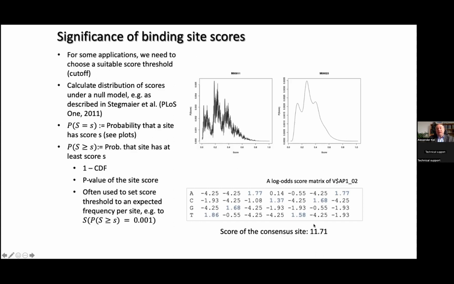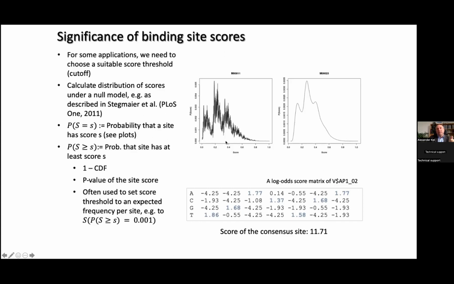It's not enough to see just the score; you have to say how probable it is to observe that score by random chance. And why? Because if it's very rare, with a p-value of 1 in 10 to the minus 10, for instance, you can say it's a rare event, and that's why this must be a real binding site for a transcription factor.